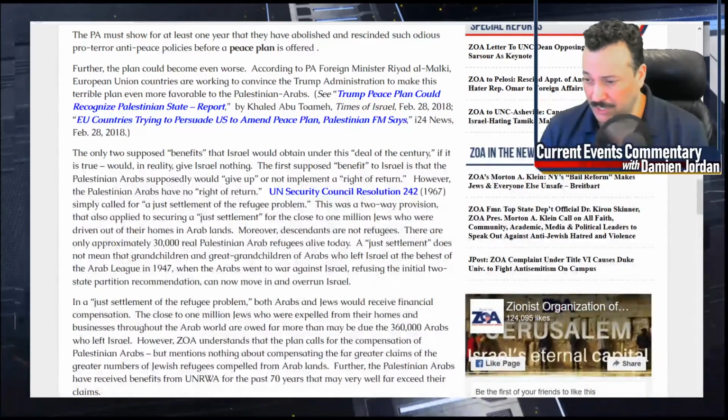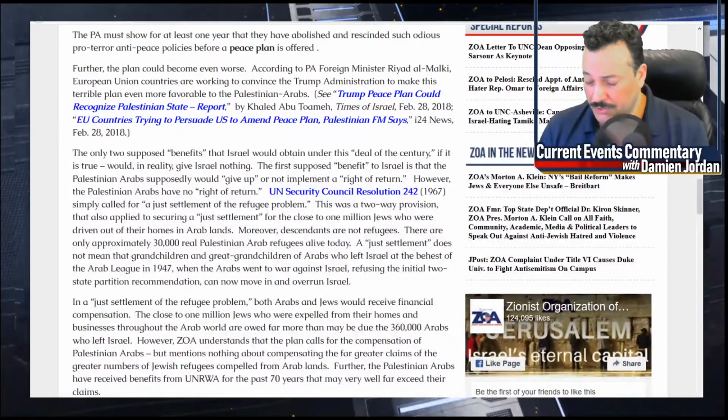See Trump peace plan could recognize Palestinian state, report by Khaled Abu Toameh, Times of Israel, February 28, 2018. EU countries trying to persuade U.S. to amend peace plan, Palestinian Foreign Minister says, i24 News, February 28, 2018.